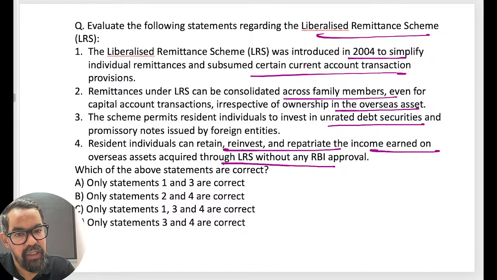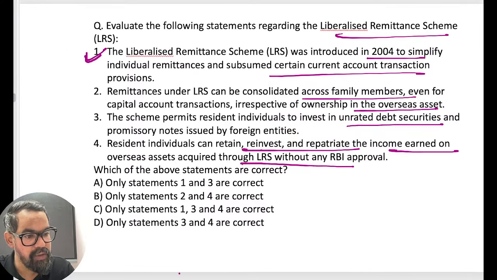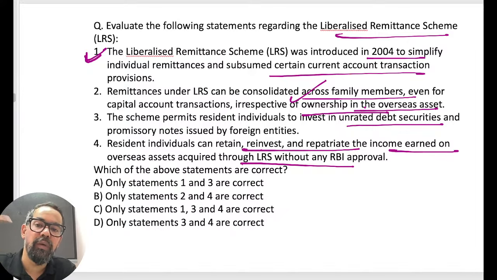The first: LRS was introduced on 4th February 2004 for the individual who wants to remit money abroad. So 100% true is your first statement, no doubt. Remittances under LRS can be consolidated across family. This statement is true till here, it is clear till here, but they must be owner of that particular asset.